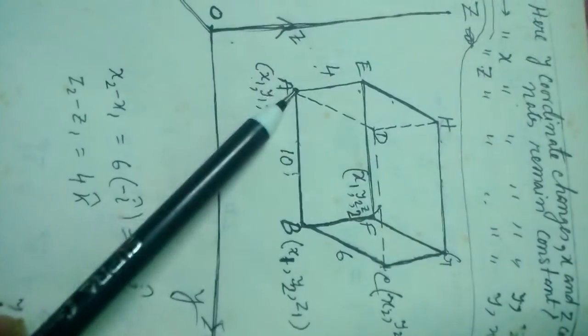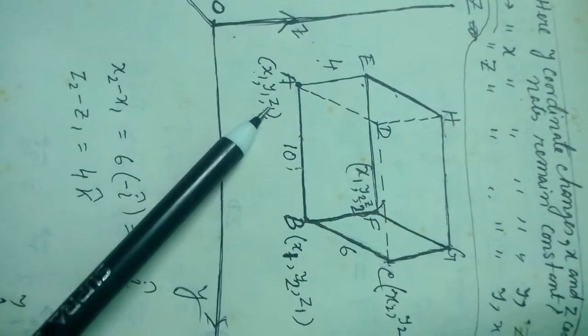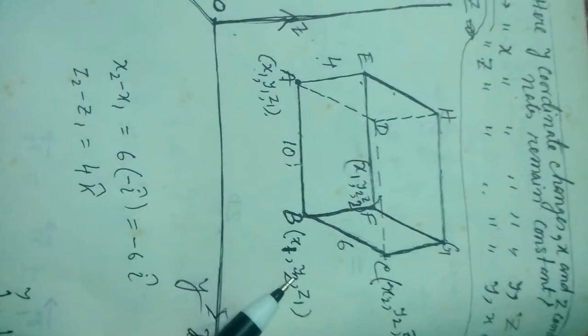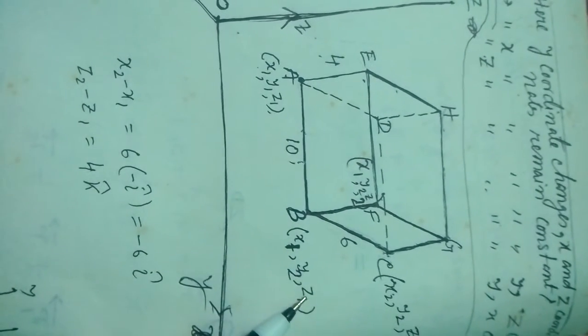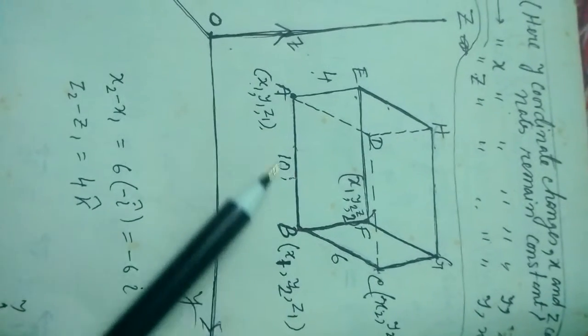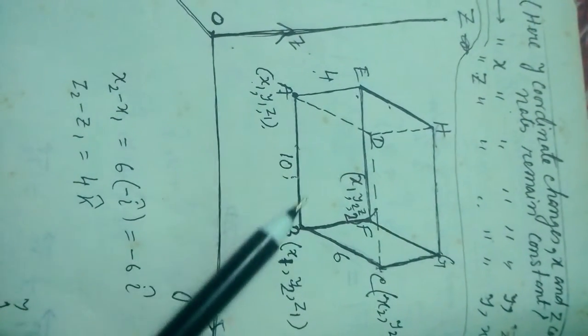Let us take this point as x1, y1, z1. What will be this point? x1 remains the same, y changes to y2, and z also remains the same, so z1. So what will be the vector from A to B?